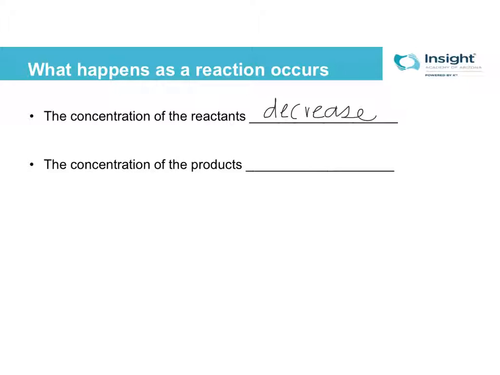And therefore what you produce or make in the reaction, your products, their concentration is going to increase. That's just a basic definition of a reaction. You're going to use up your reactants to make products. So reactants decrease, concentration of products increase.